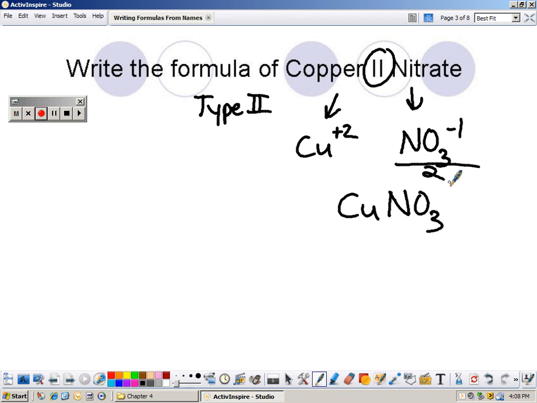So here, put the nitrate part in parentheses and then put a 2 there. So that's your formula. So you need 2 nitrates to 1 copper to make your formula work. Okay, that's the only way that you'll end up with a formula that's neutral. All right, so there's your answer.